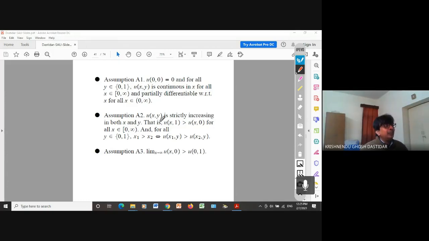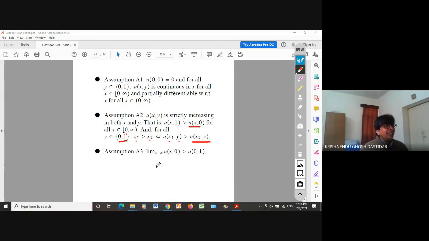And the second assumption is u(x,y) is strictly increasing in both x and y. This is very standard. So u(x,1) would be strictly greater than u(x,0) for all x. And for all y in {0,1}, if x1 is more than x2, u(x1,y) would be strictly greater than u(x2,y).